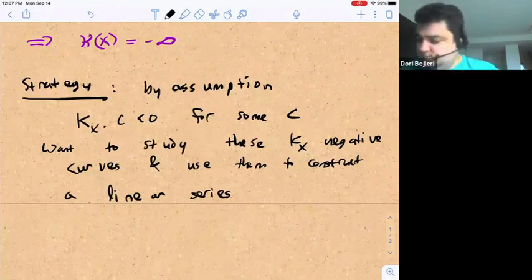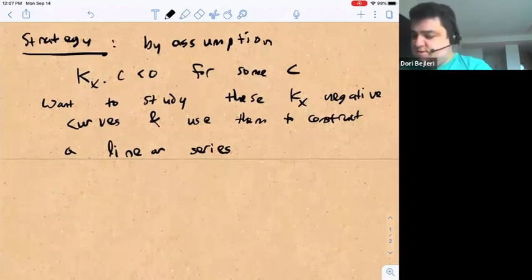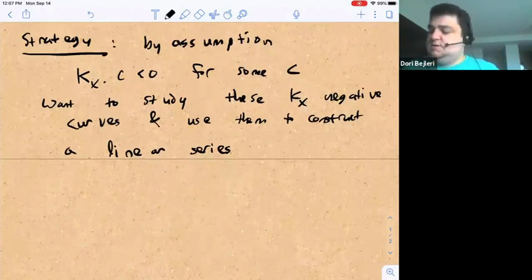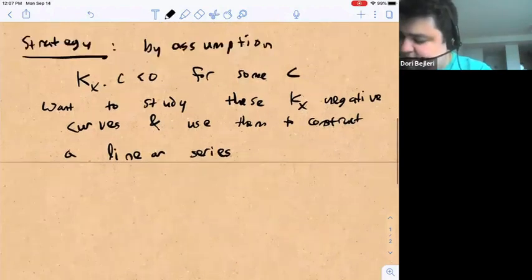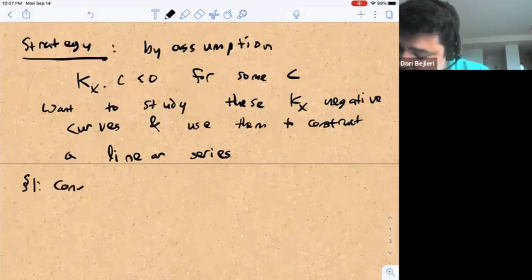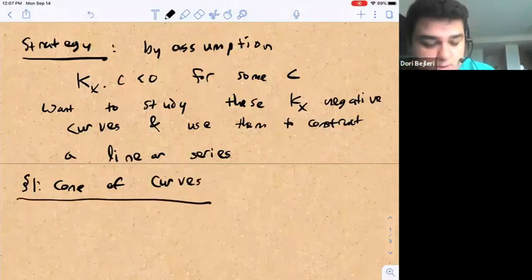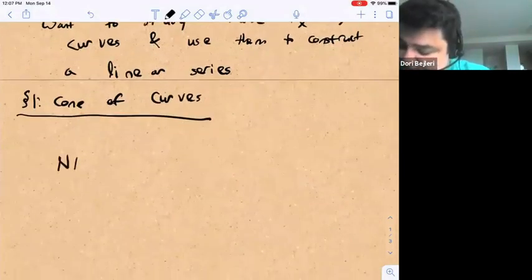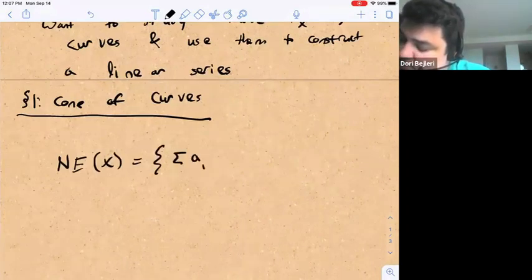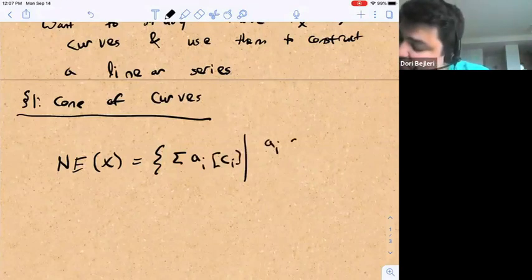Okay, so I want to start then by just seeing some examples and counterexamples about the behavior of this cone of curves before we actually prove something about it. So if we recall, the definition of this cone of curves, NE(X), was the set of linear combinations of effective curves where these a_i are positive real numbers.